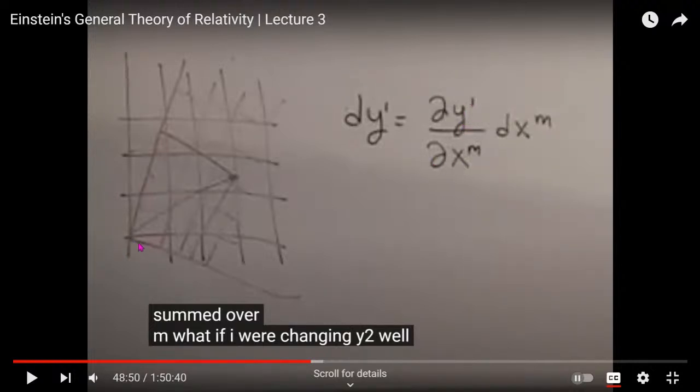So y1 relative to x1, in what is the ratio? As you move a little bit along x1, how much are you moving along y1? I would say it's the dot product. y1, x1 are dot products.